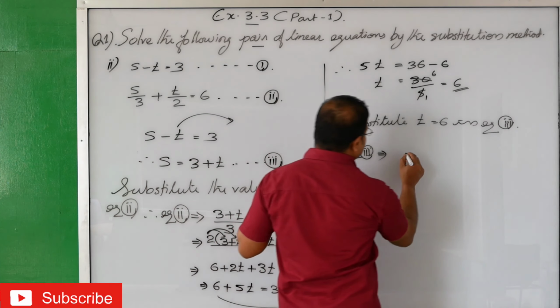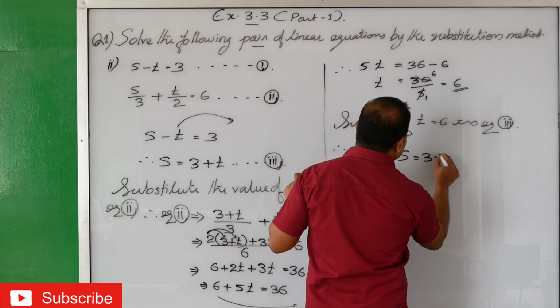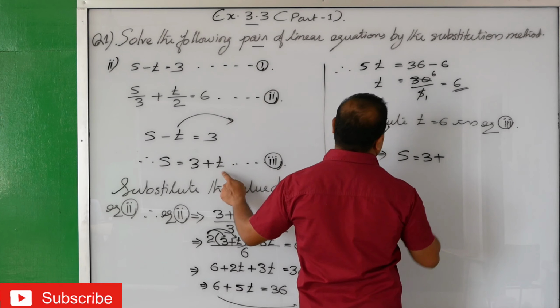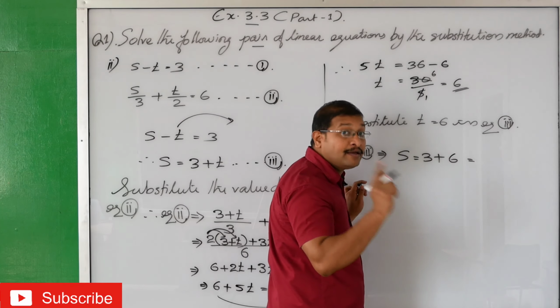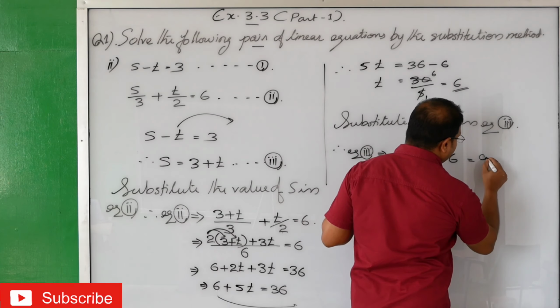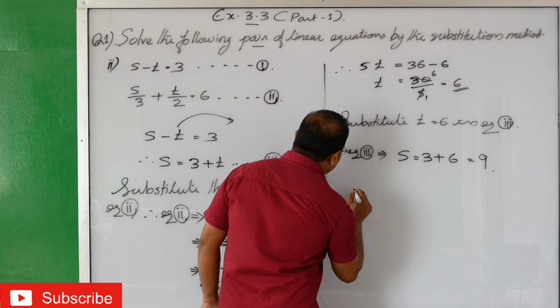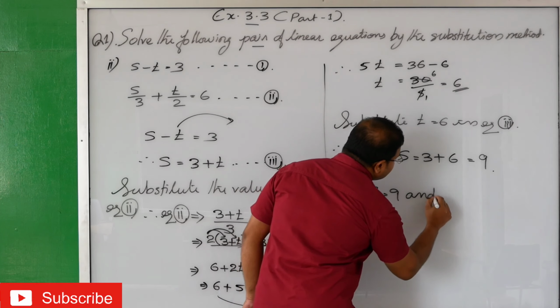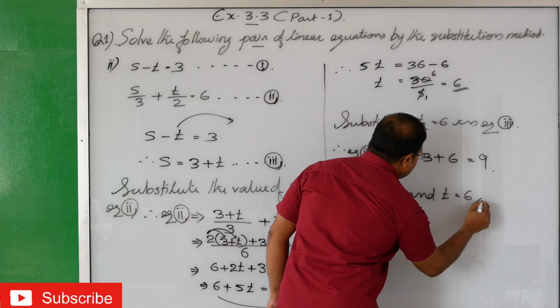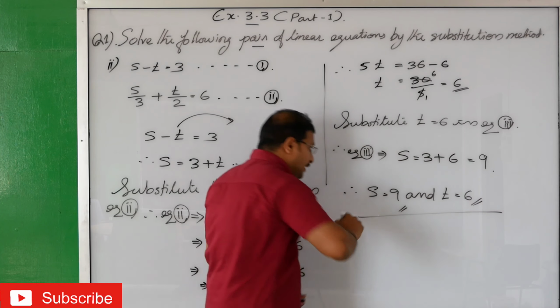So s equals 3 plus, in place of t, we'll write 6, equals 3 plus 6, 9. Therefore, s equals 9 and t equals 6. These are the values.